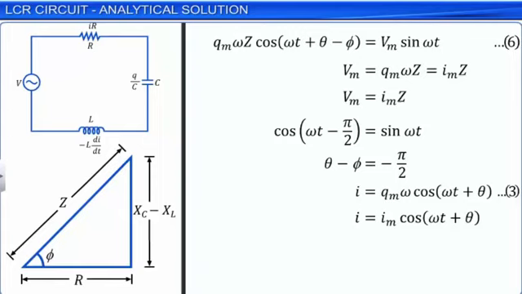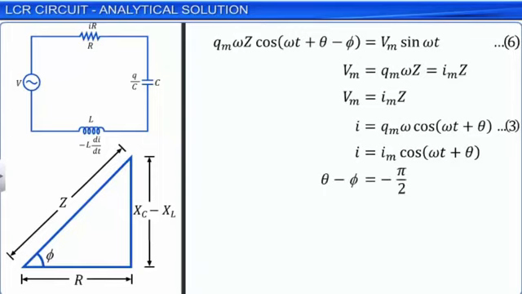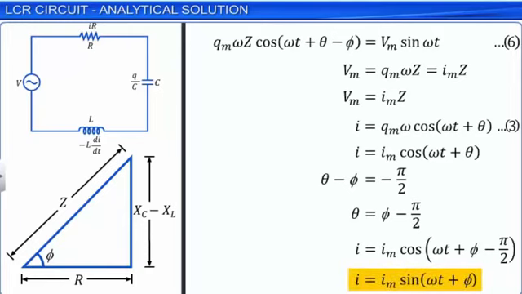We can simplify the above equation as i equal to Im cos(omega t plus phi minus pi by 2). Thus, we have the instantaneous current in an LCR circuit, i equal to Im sin(omega t plus phi). To know the maximum value of the current in the LCR circuit, we use the equation for maximum current, Vm equal to Im Z.